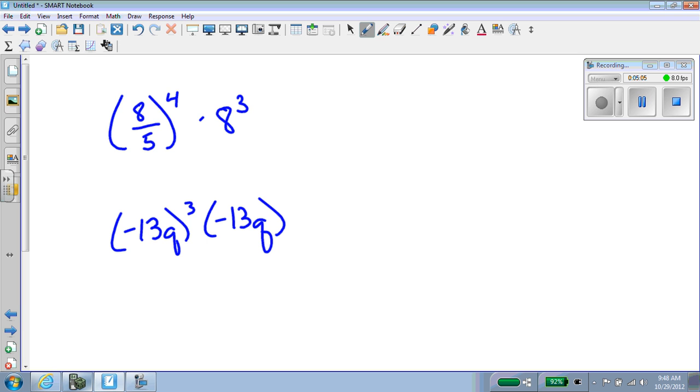All right, in this case, this is like over 1. So I have 4 factors of 8 and 3 more factors of 8. So that's 7 factors of 8. I have 4 factors of 5 times 1. So that's just 4 factors of 5.